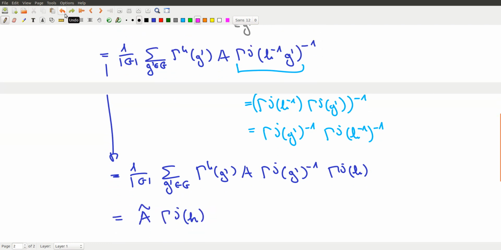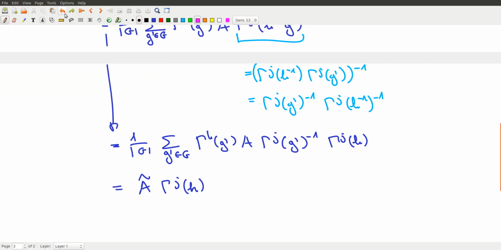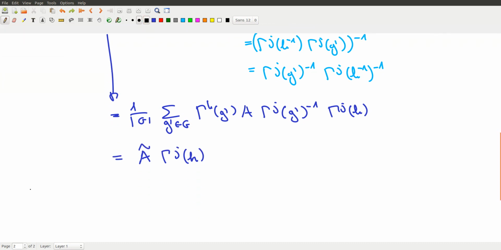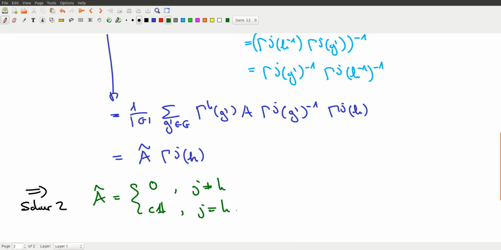And that's exactly the condition that shows up in Schur 2. So with Schur 2 we can now conclude that this A tilde has a very special form. So Schur 2 tells us the A tilde is either 0, that's if j is different from k, if we have different irreps here, and it's a multiple of the identity if j is equal to k.